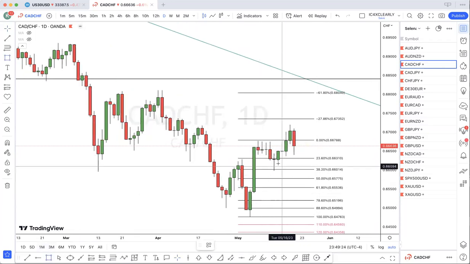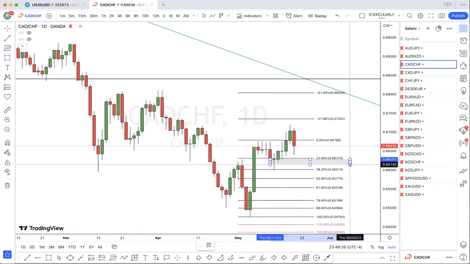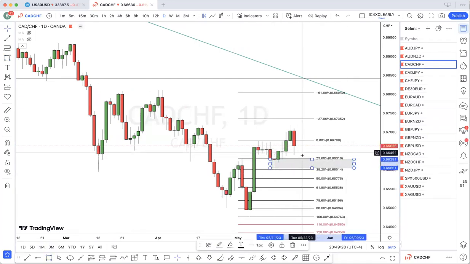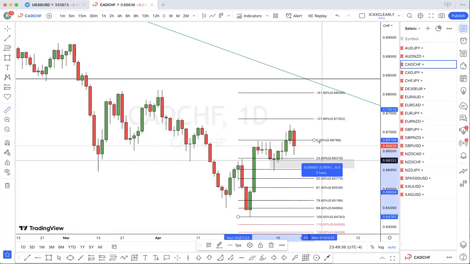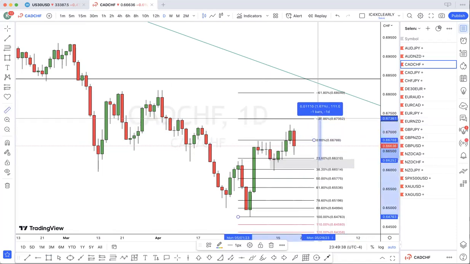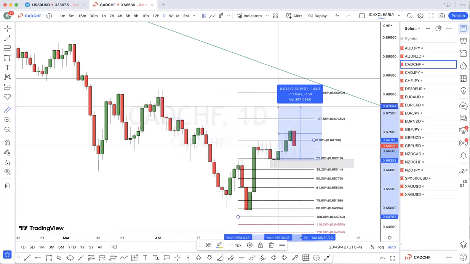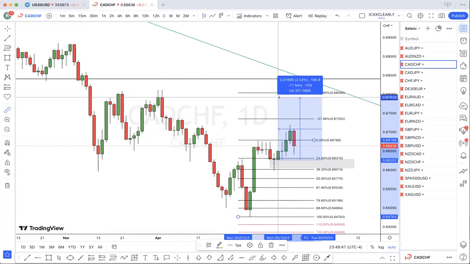Price could come back, just pull back down to here and give a double bottom and then start pushing back up. If that is the case, from here to here is 100 pips to this area of supply, or this order block, 41 pips.